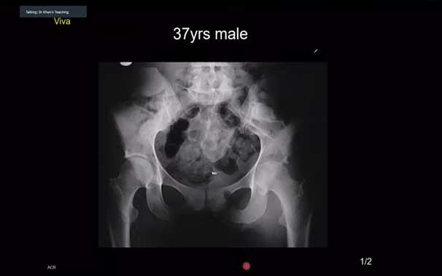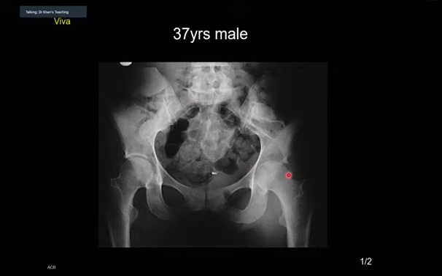So the key point here is, compare this joint space with this joint space. Now, this joint space is obliterated. Look at the acetabular margin, which has normal sclerosis there.